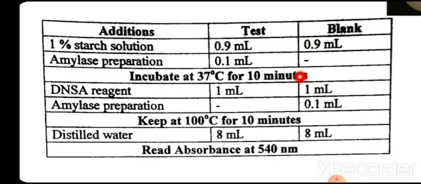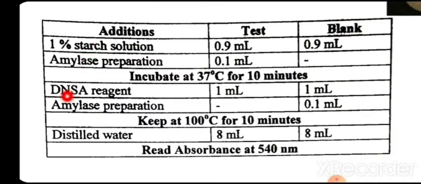After the enzyme catalyzed reaction, the amylase has acted upon starch, which leads to the production of products like glucose and maltose. After that, we need to determine how much glucose or maltose is synthesized as a result of degradation of starch by the amylase catalyzed reaction.